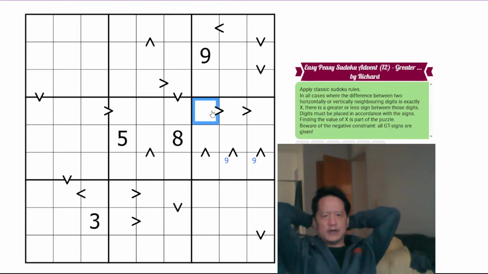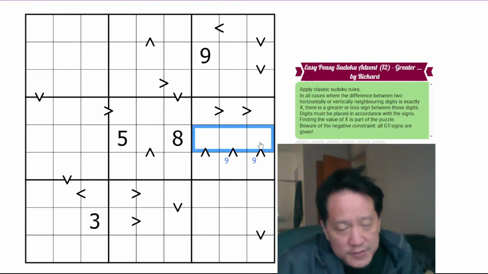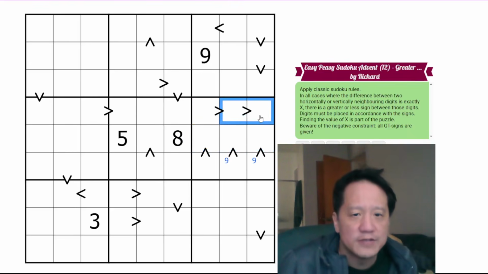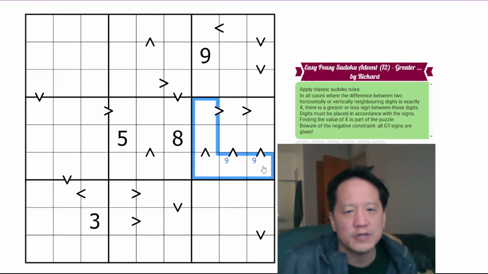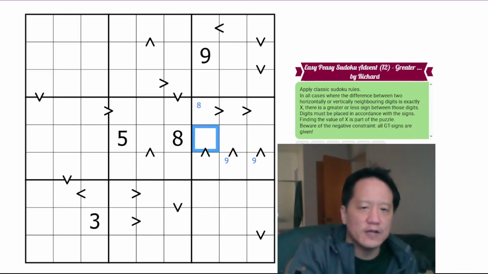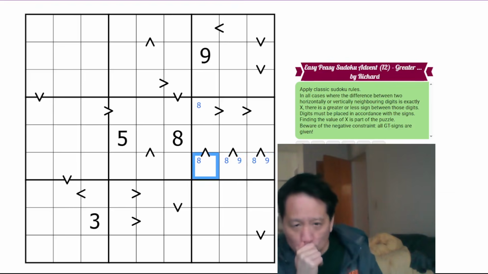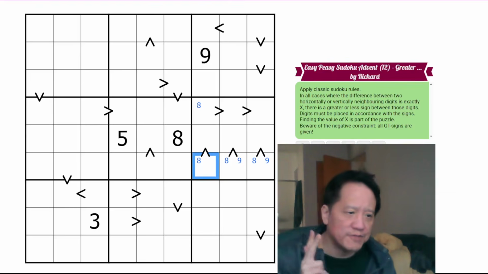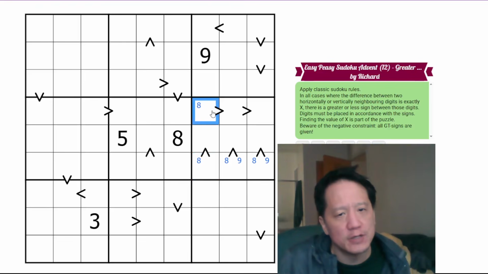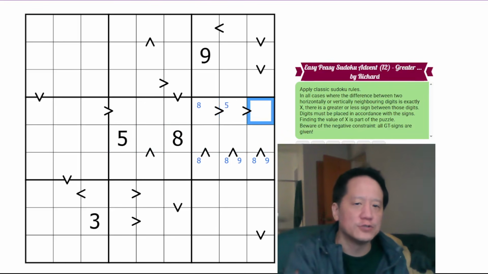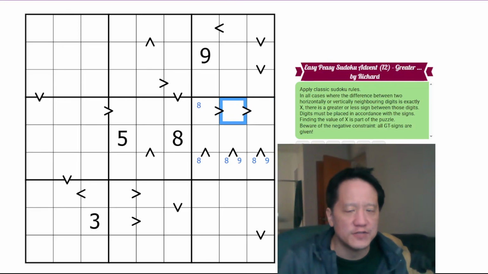The question is, how do we distinguish that difference? 8 cannot be any of these cells. It can't be any of these cells because it has to be greater than something. So you have to have 8 either here, here, here, or here. If the difference is 3, 8 must be here, because 8 can't be here, because 5 would have to be here and we can't have a 5 in that row. So 8 would be here, then this would be 5 and 2, if the difference is 3.